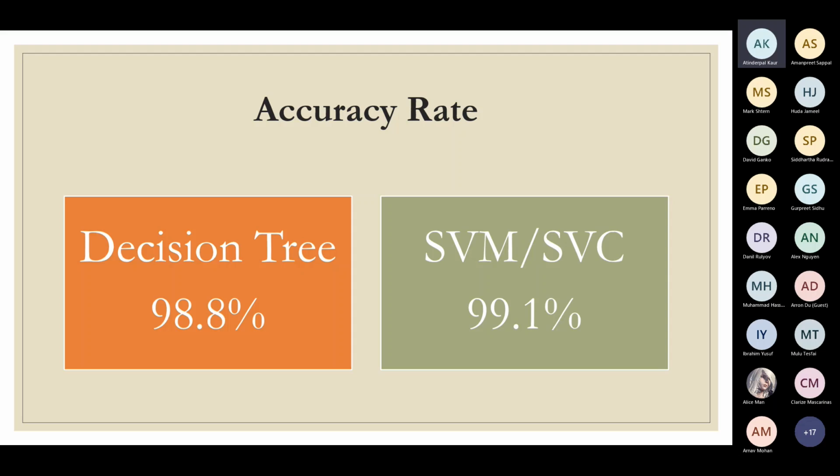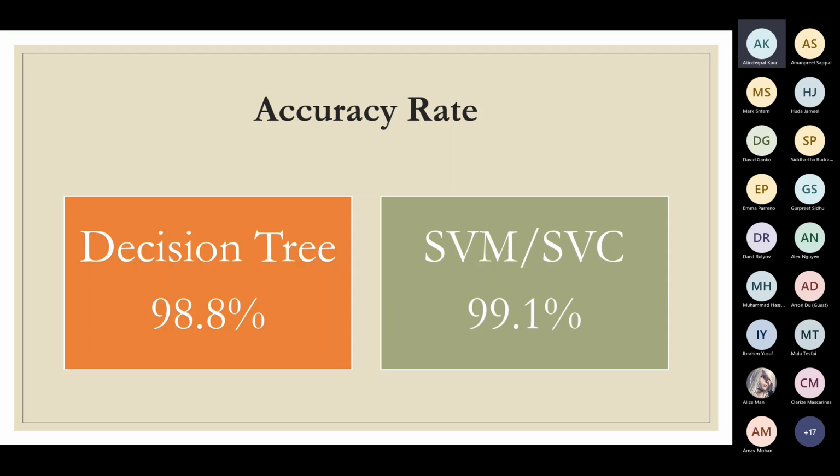So first, we evaluated the two models' performance in terms of accuracy in classifying the evaluation dataset. As we mentioned earlier, the dataset is split into training and testing dataset. So the two classifiers are concurrently trained using the training dataset and evaluated using the testing dataset.